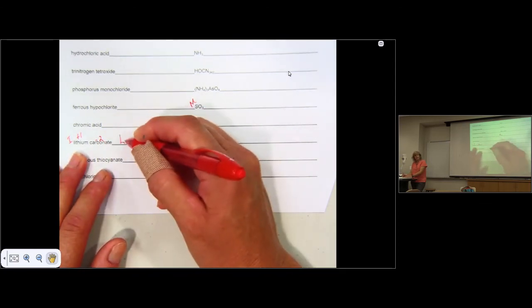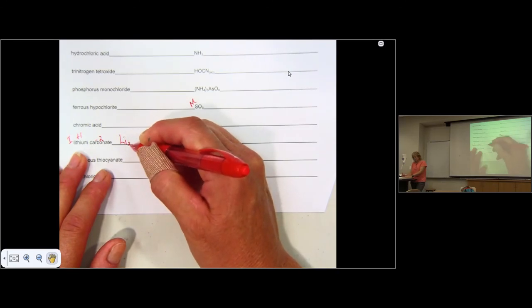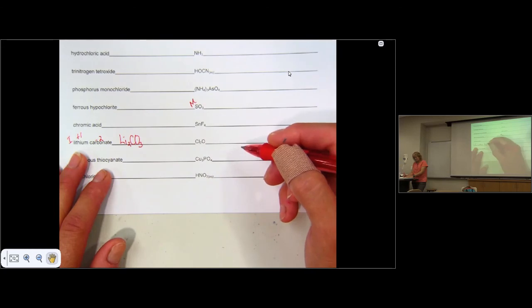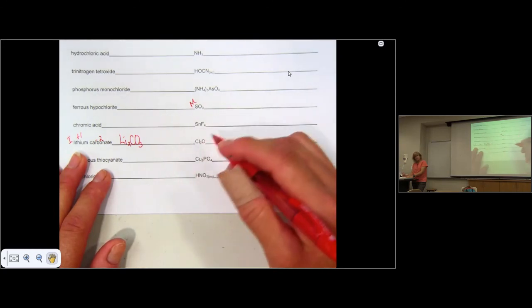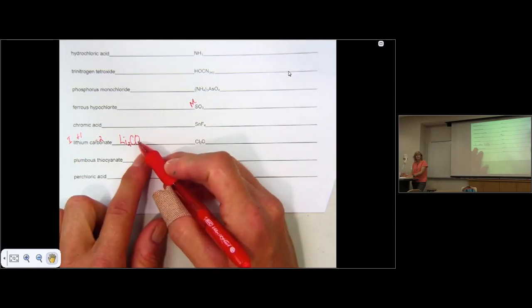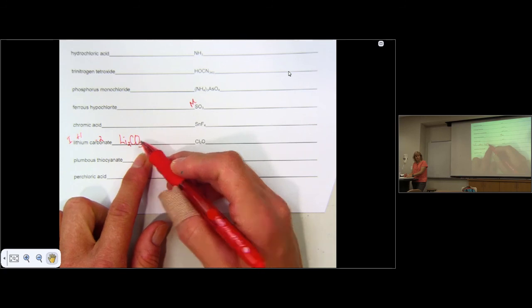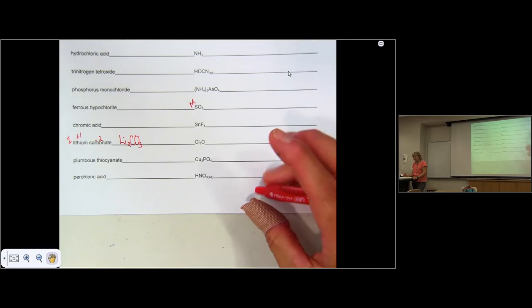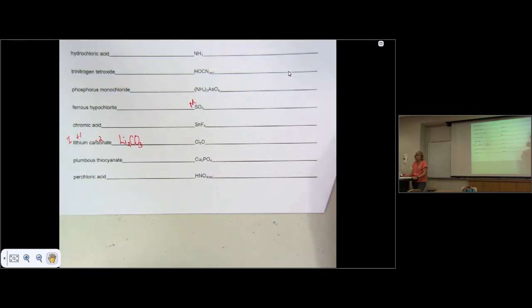So how many lithiums do you need? So Li2CO3. And no crisscrossing, really, because this 3 goes with that O. Okay? Any others on here you need to see?